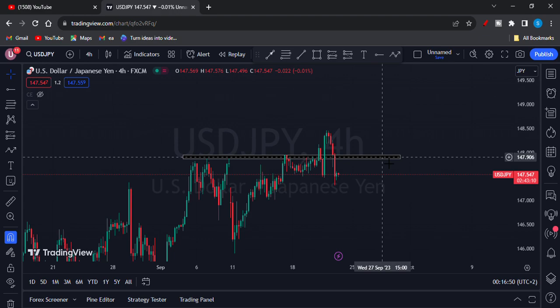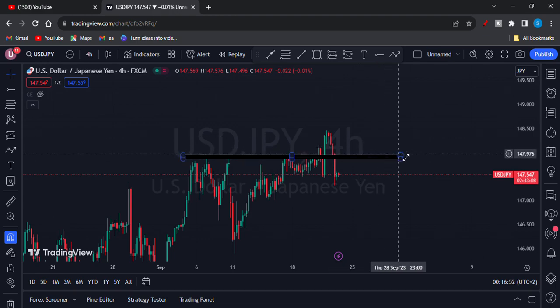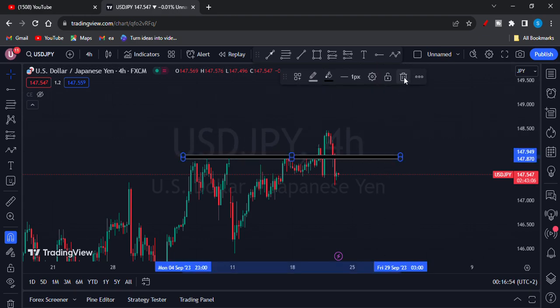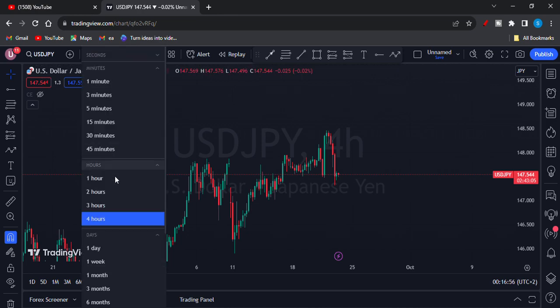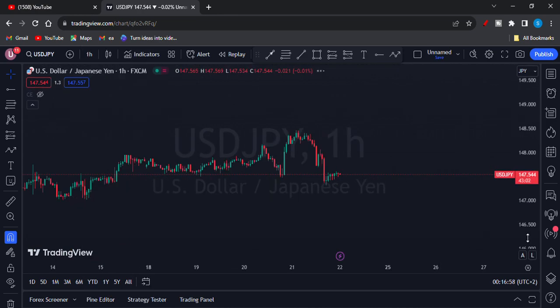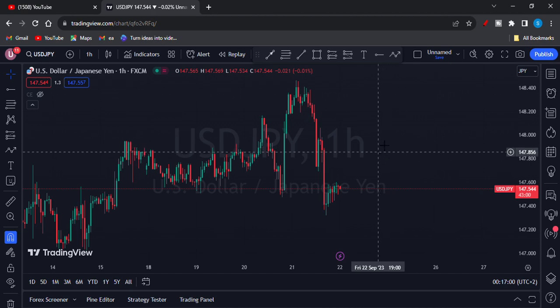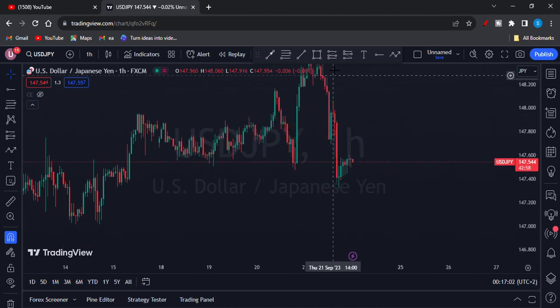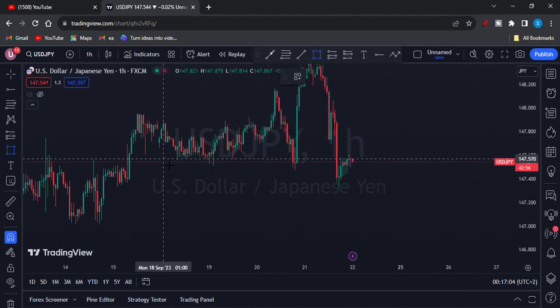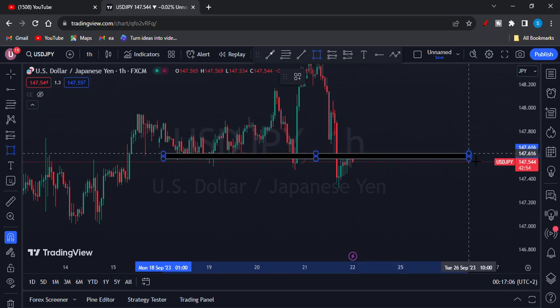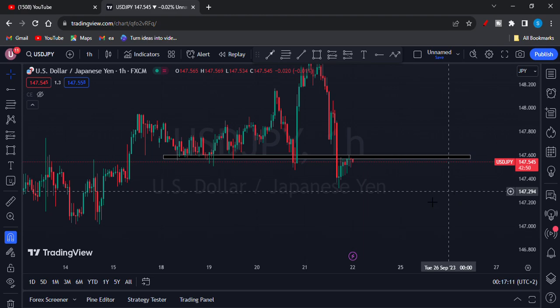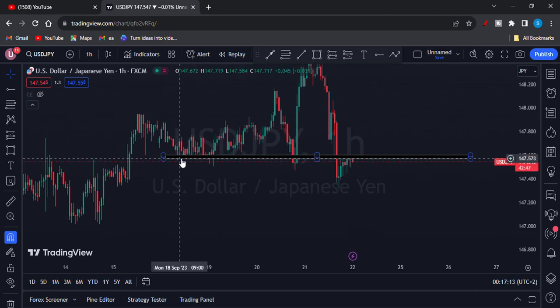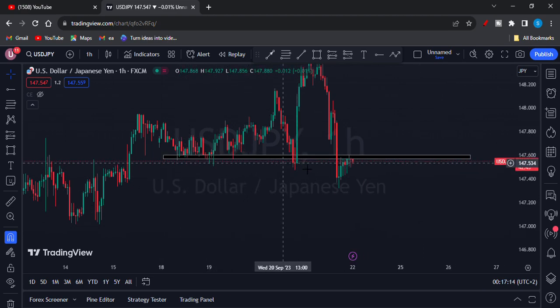So let's analyze again. Let's go to the hourly. So on the hourly, we have this support area right here, and then we try to break this support area, but we failed.